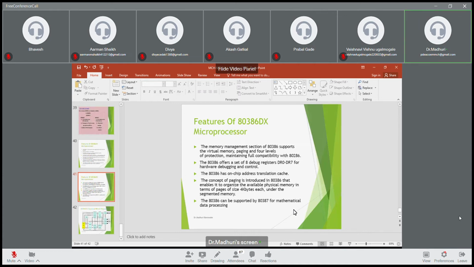In the segment unit, it is a continuous address space. The segment size may range from 0 to 4 gigabytes, that is 2 raised to 32 bytes. A complete pointer in this address space has two parts: first is the segment selector and second is the offset. These are the concepts that will be useful in your instruction set of microprocessor.